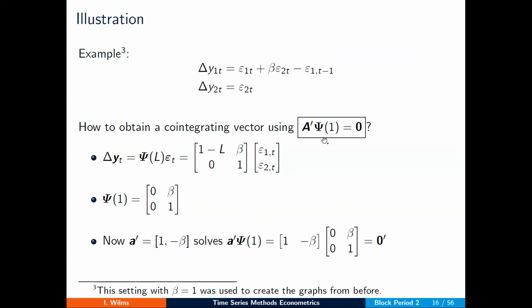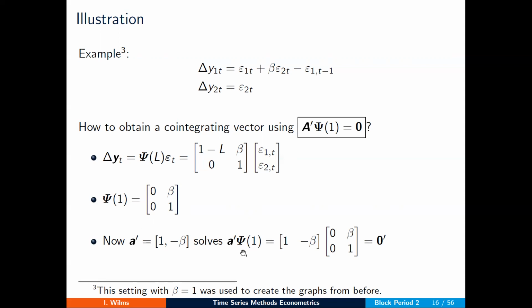Now in the condition, psi(1) is popping up. So we need to plug in the value L equal to 1 over here to arrive at psi(1). And that is this guy here. Now let us introduce then the co-integrating vector A prime, which is the first and only row here in our matrix A prime.